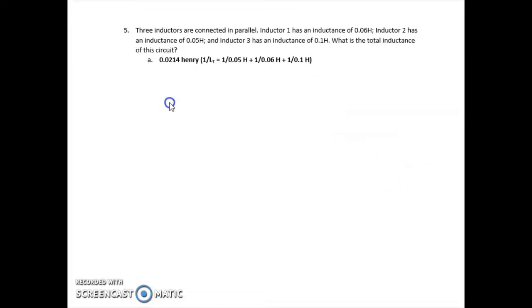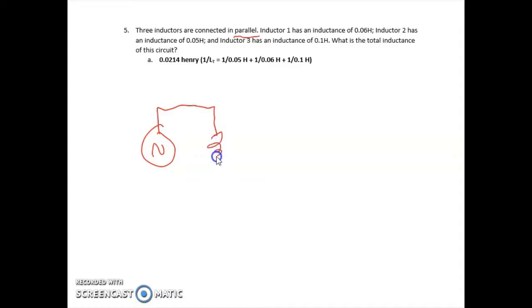Number 5, 3 inductors are connected in parallel. Inductor 1 has an inductance of 0.06 henries, inductor 2 0.5 henries, and inductor 3 0.1 henries. What is the total inductance of this circuit? Let's draw the circuit quickly here. AC voltage source.